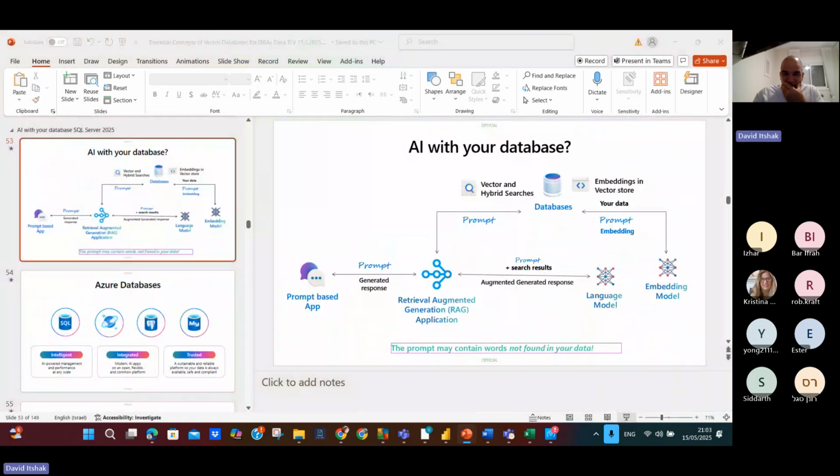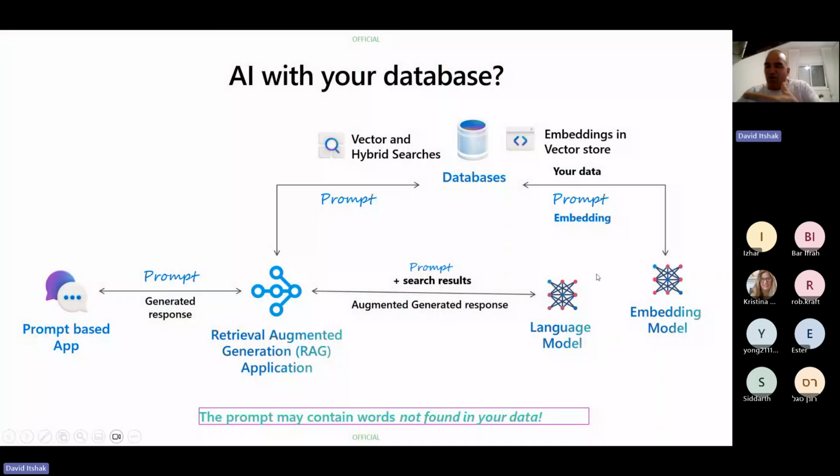Vector search, I go very, very fast. Okay, very quickly. It means take all your data, which can be image, GIF, text, words, etc. Sometimes you have to make it into chunks and use your model and make it into embedding, which is vector, and put it in your database. Okay.